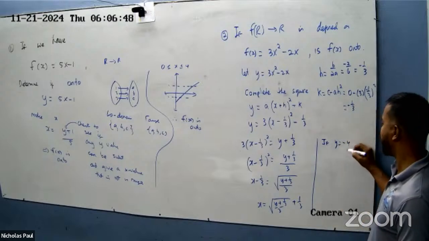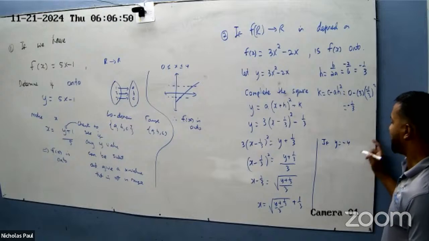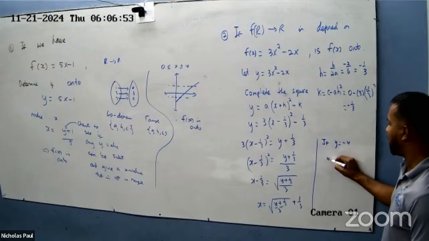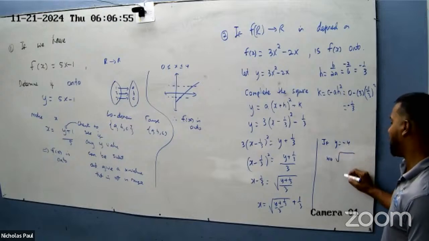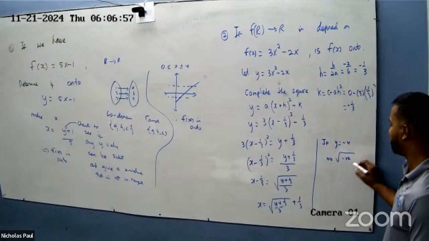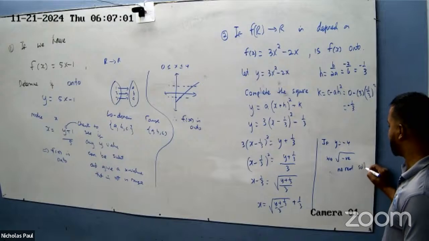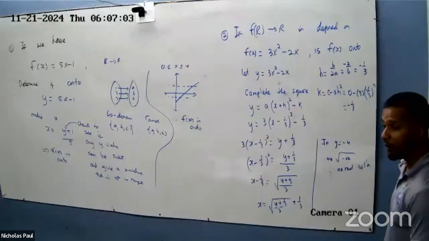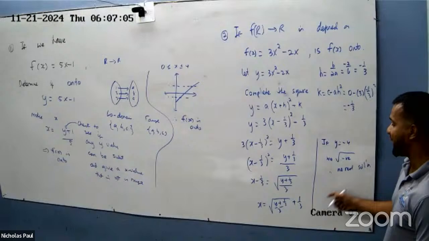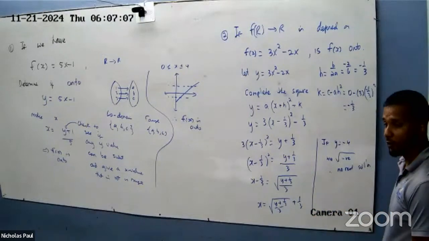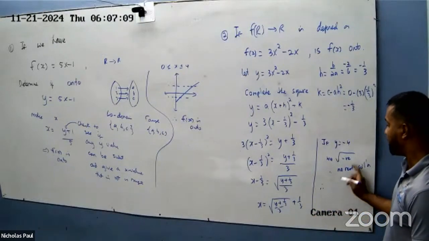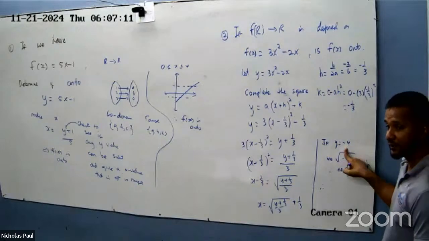If y is -4, we end up with a square root of a negative value. Therefore, no real solution. Okay? So when y is -4, there is no real solution. Therefore, there is no x value when y is this.